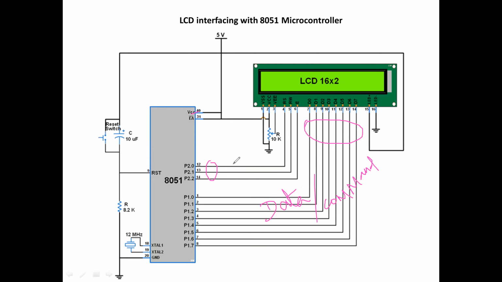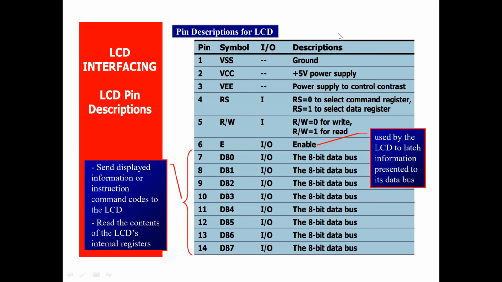Okay. So first point, if I want to send a command, then this particular pin should be set to 0 or 1? Anybody can tell me? 0 or 1. This is the important bit. So look back here.